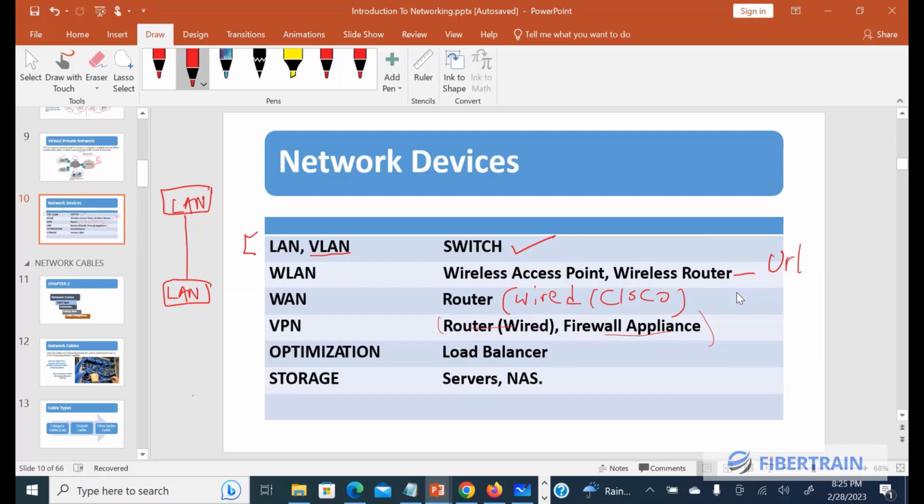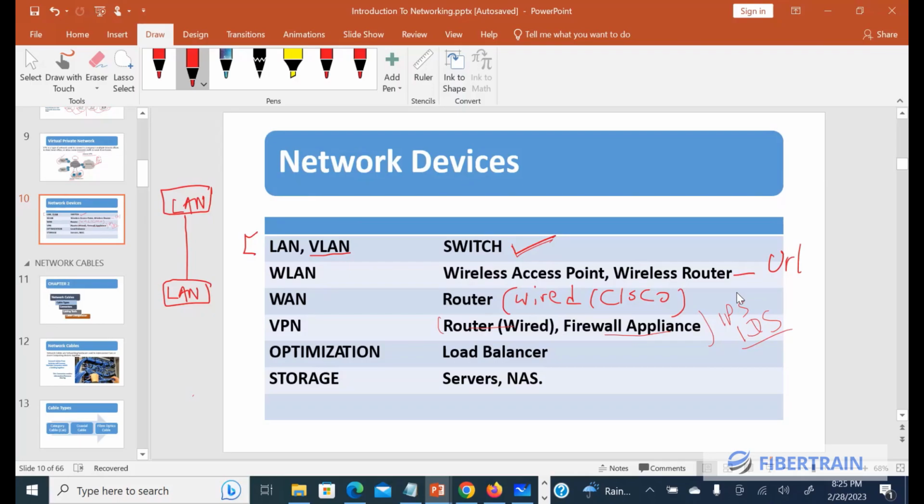Things like intrusion prevention system and intrusion detection are the capabilities of a firewall. So a firewall can do VPN, and a wired router can also do a VPN. So for all these network types, LAN, VLAN, WLAN, WAN, VPN, at the right-hand side here, we see the kind of devices that we need to purchase depending on the type of network we are setting up.